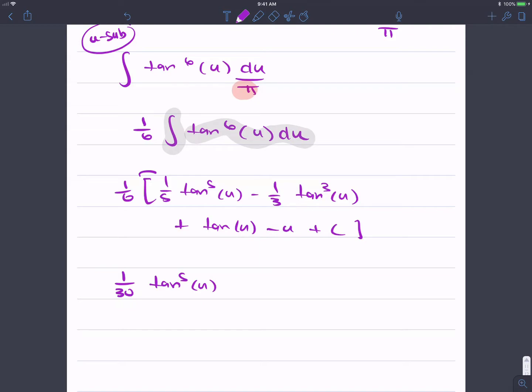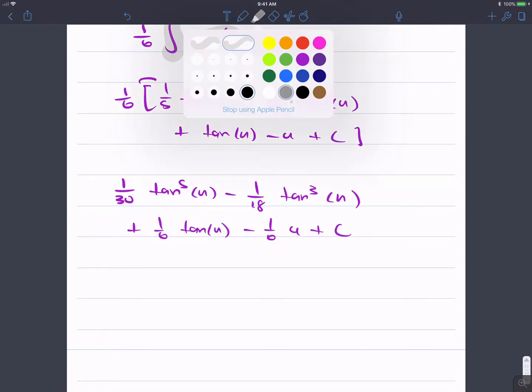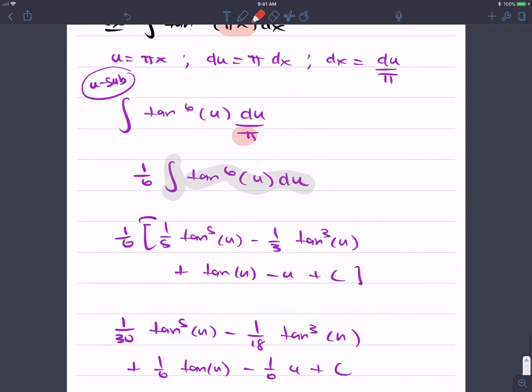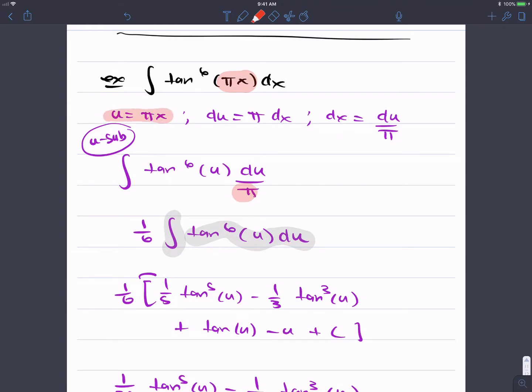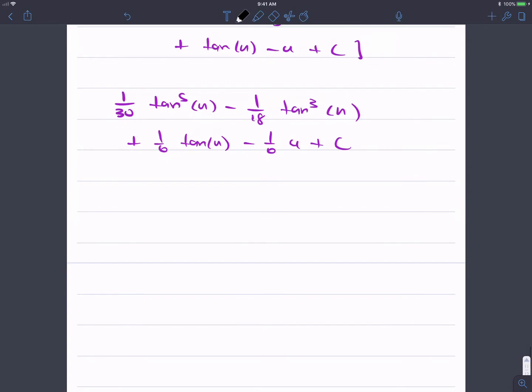So when you distribute now to all these terms, final answer, we'll get 1/30 tangent to the 5th power of u minus 1/18 tangent to the 3rd power of u plus 1/6 tangent of u minus 1/6 u plus a constant c. Remember what u is here. Pi x. Let's write down the final answer. Pi x here.